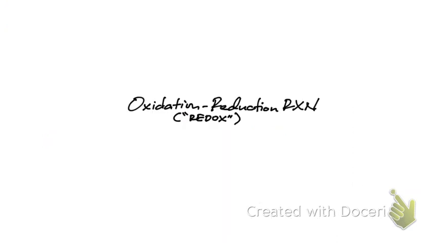So in General Chemistry 1, you learned what a redox reaction is. Redox is also known as oxidation reduction reaction, and the oxidation reaction is the loss of electrons.